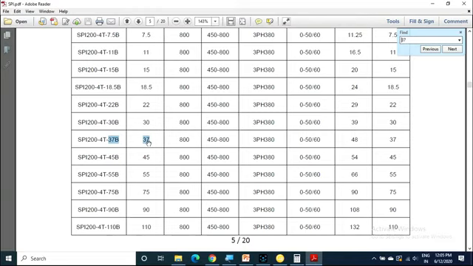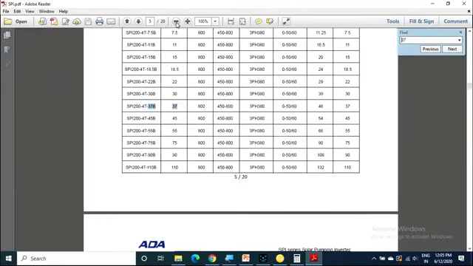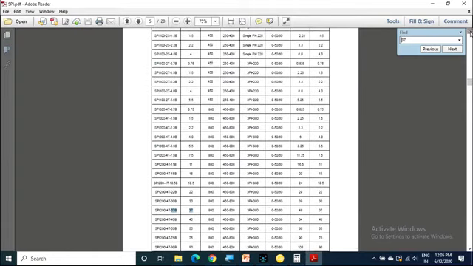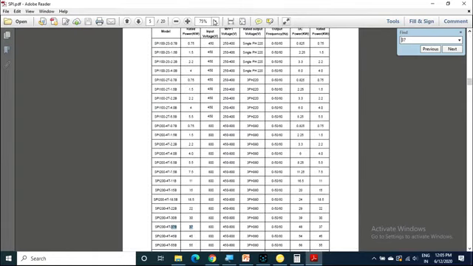This rated power is 37 kilowatt, and this 800 is the operating voltage, that is the input voltage to the inverter, and this 450 to 800 is the MPPT voltage, maximum power point tracking voltage, and here it will be available for 50 hertz and 60 hertz, and DC power you will get from this 48.